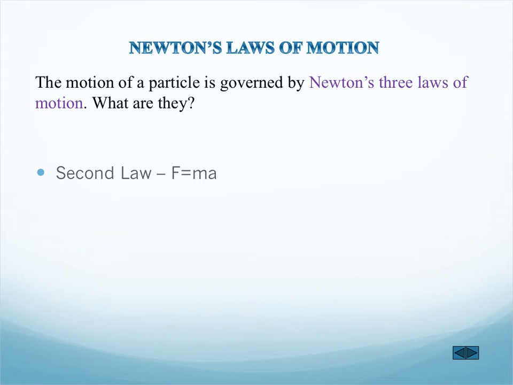The second law basically is, what if there's a net force? Because the first law is answering the question, how does an object move if there's not a net force? And then the second law answers the question, what if there is a net force acting on an object? And that's where we get F equals ma.